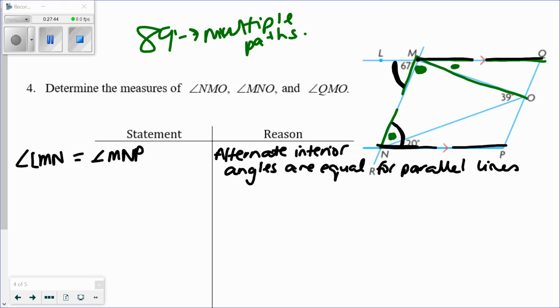Since we know that these two lines are parallel, our alternate interior angles are equal. That's one of the theorems that we had the other day.